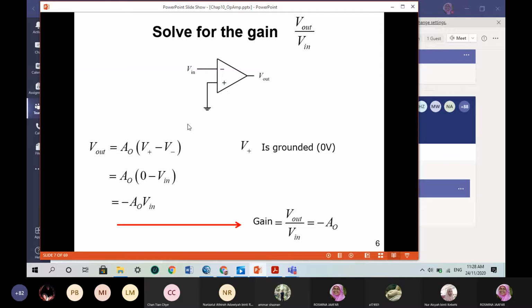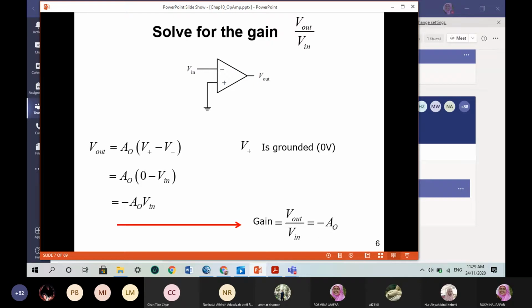So you will get a value of negative A0 times V in. Now you see you have a negative sign in front of the equation. So your gain is equal to negative A0, because gain is the value of V out over V in, and now it becomes negative A0.